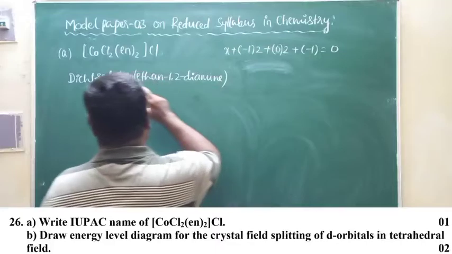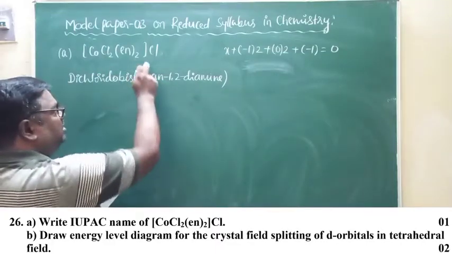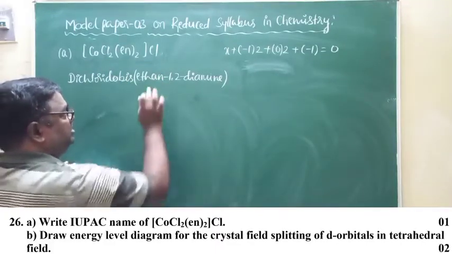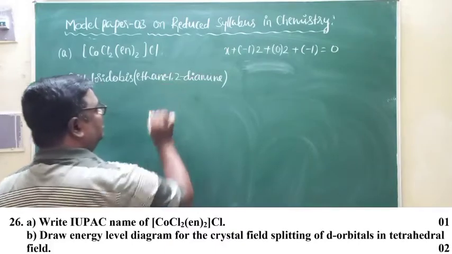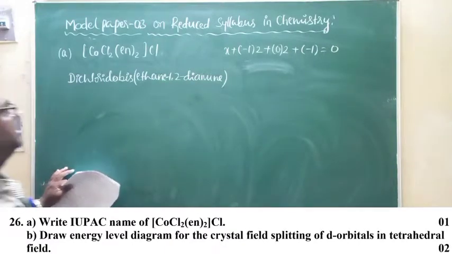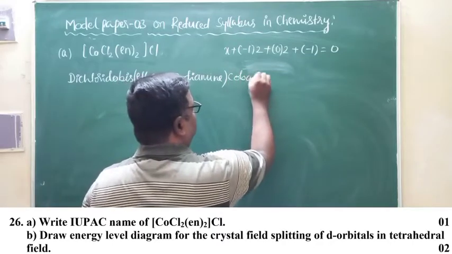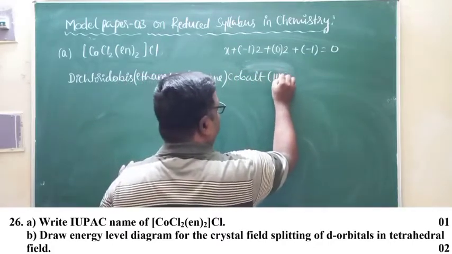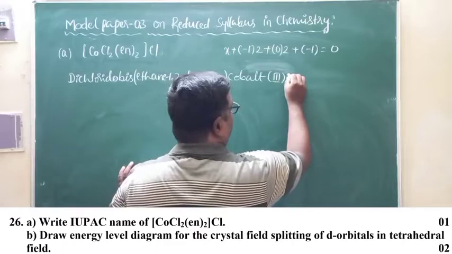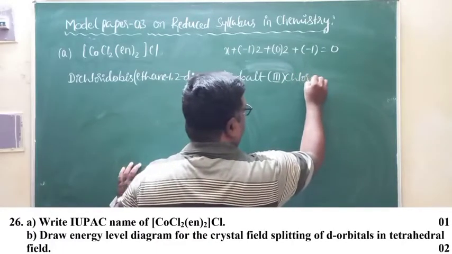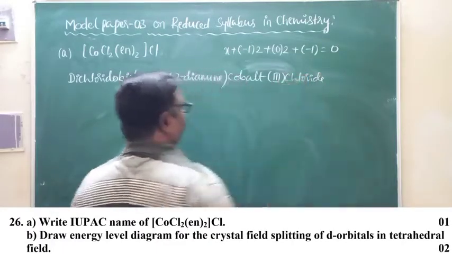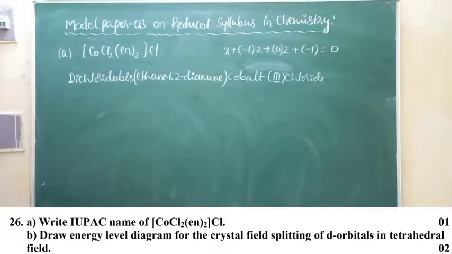Now the 2 chloride ligands are done, and the 2 ethylene diamine ligands are done. After the ligands, name the central metal atom, that is cobalt, followed by its oxidation number 3, cobalt(III) chloride. This is the IUPAC name of this particular complex. That carries 1 mark.